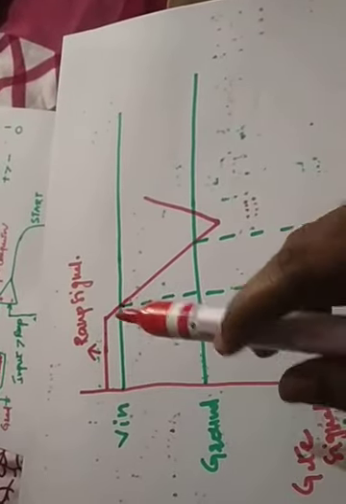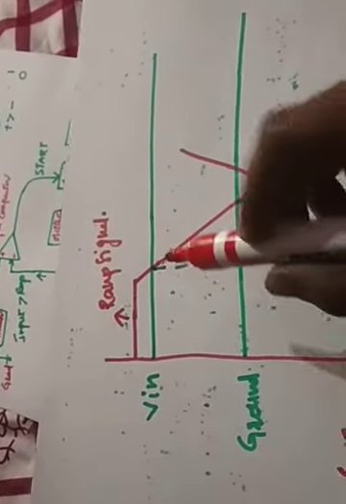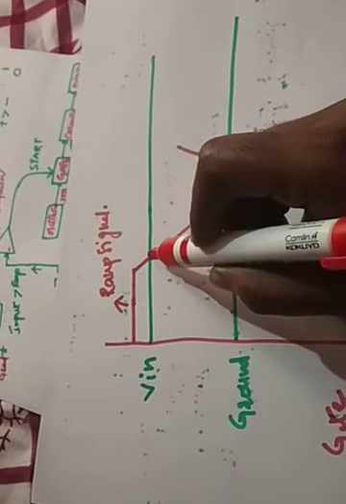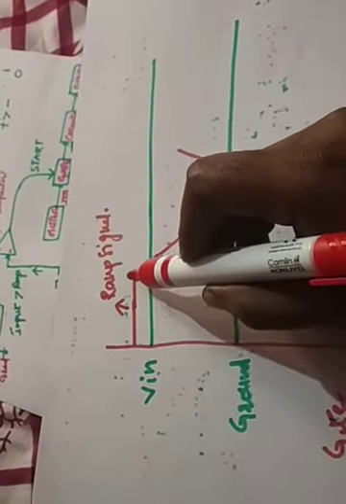This is the input signal. Which one is high, your ramp signal or input signal? Definitely the ramp signal is high up to here. You will see your input is this, your ramp signal is this. Up to here you will see your input signal is this one and your ramp signal is this one.